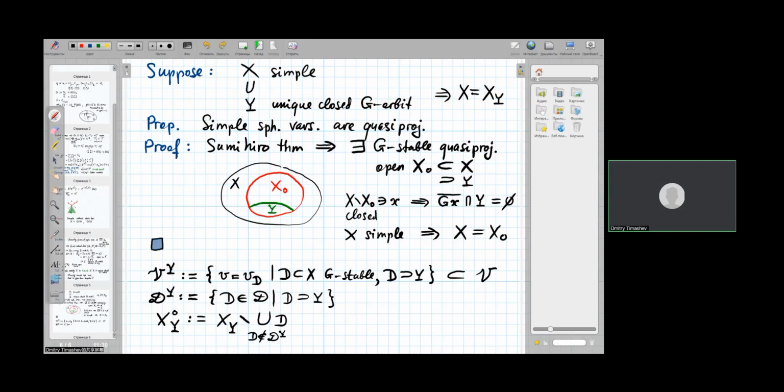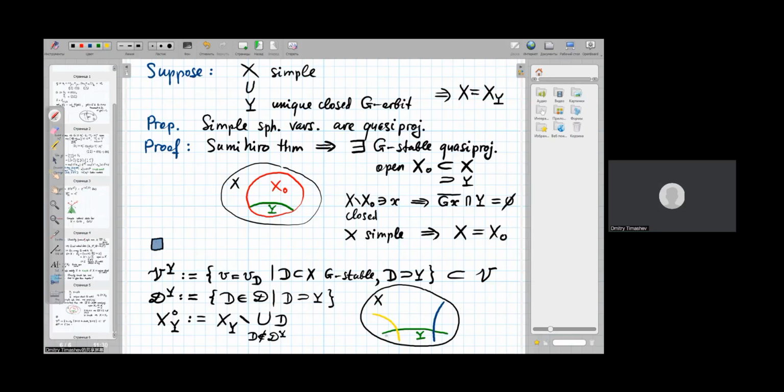So we have this X. We have the orbit Y, the closed orbit Y in X. And we remove all colors which do not contain Y. So we remove all colors of this form, maybe this one, or this one.